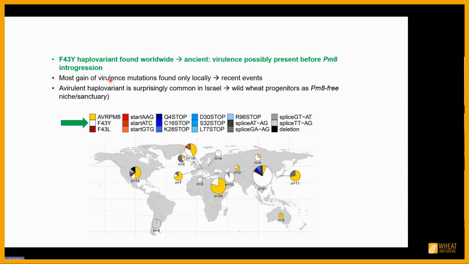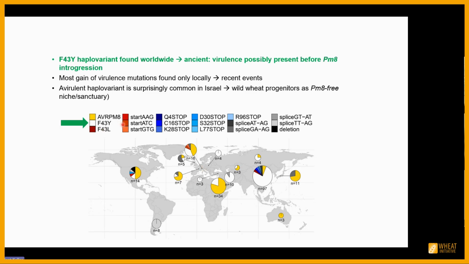And this means that probably virulence was already around globally. This virulent variant was around globally even before the rye gene was introgressed into wheat. So basically the gene was doomed from the beginning because there was standing genetic variation for virulence. And one could have easily predicted that PM8 would not be functional for a very long time if we would have had this knowledge already then.